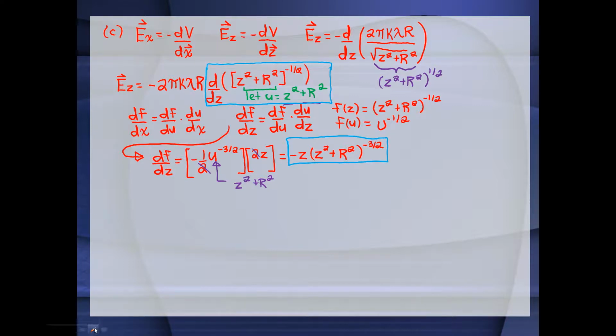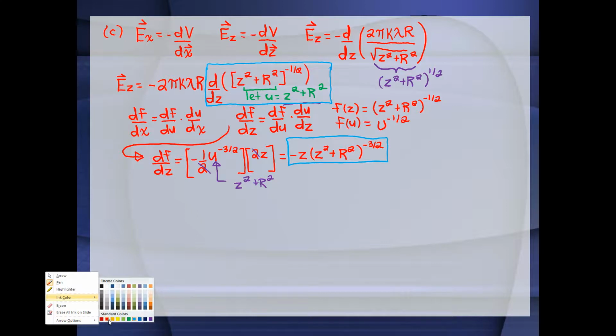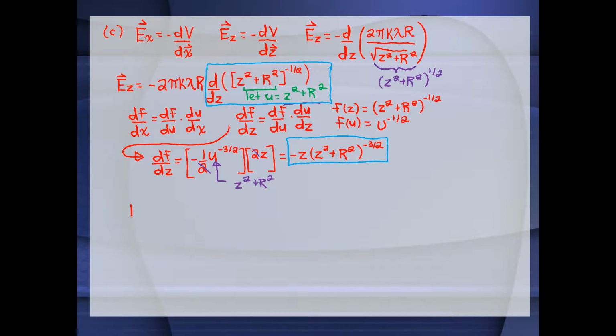Okay, so now we would have my electric field, Ez, would now be equal to negative 2 pi k lambda r. And then we're going to multiply this by negative z, and then z squared plus r squared, all to the power of negative 3/2.